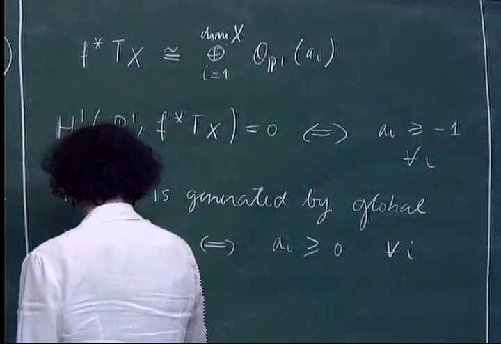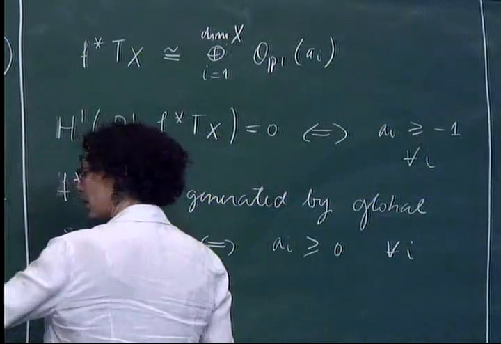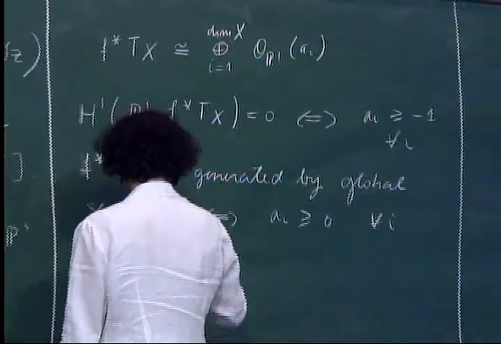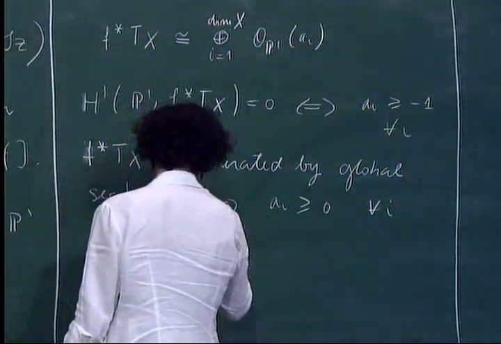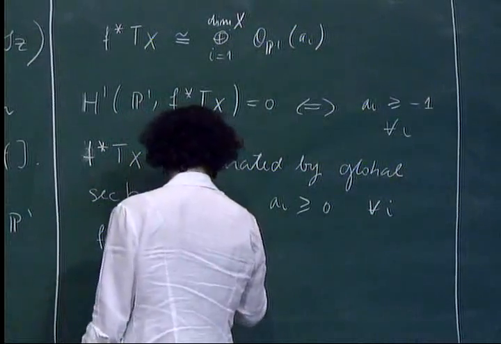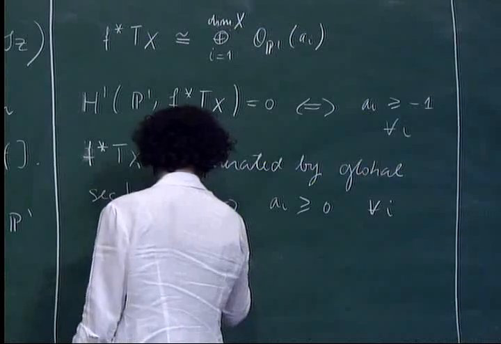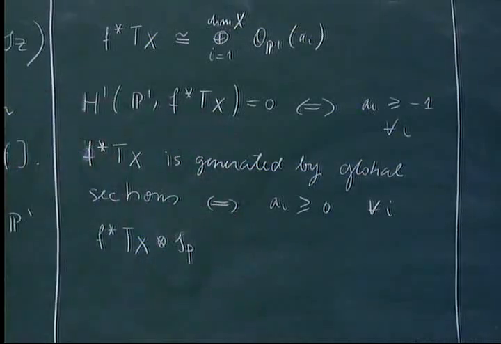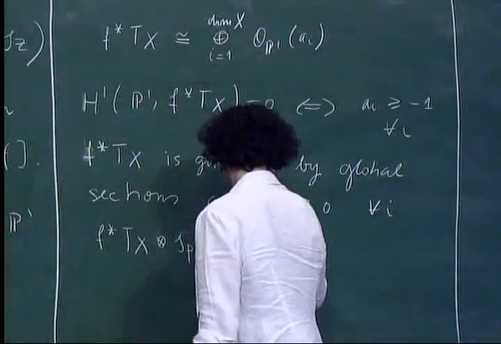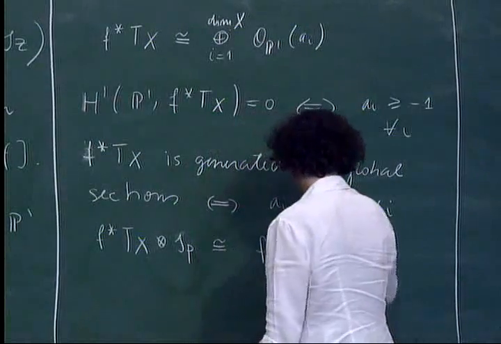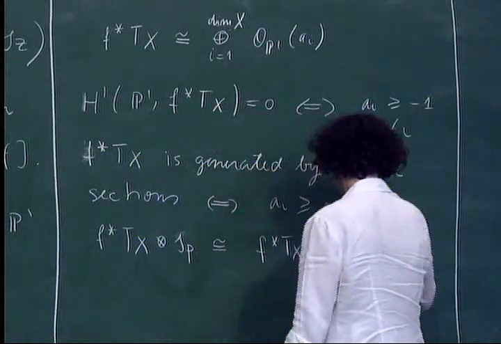Then we will also want to understand the same question for, say, the ideal sheaf of a point in P1. This is exactly the pullback of the tangent bundle twisted by -1.